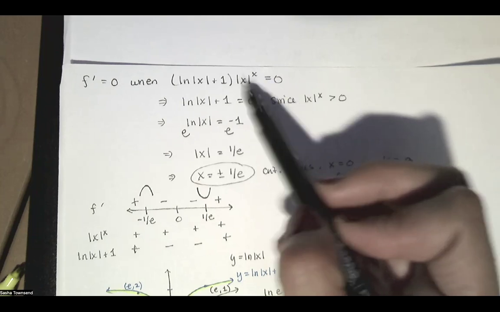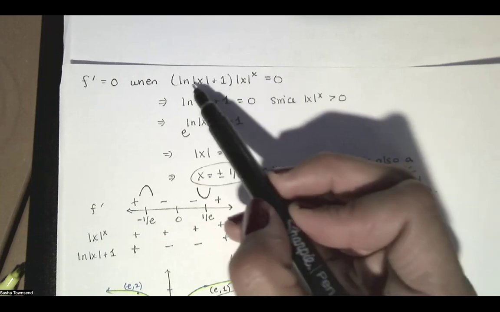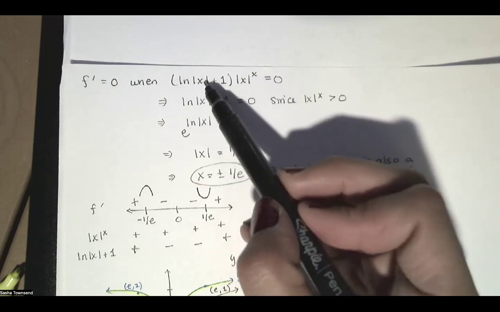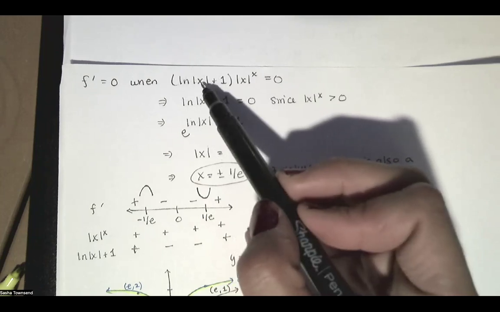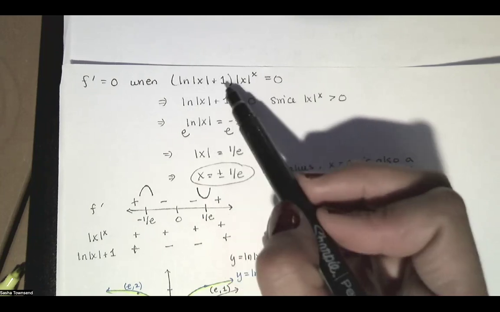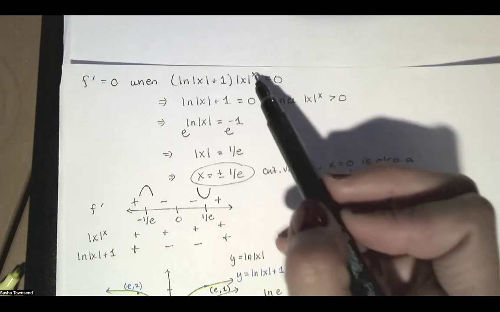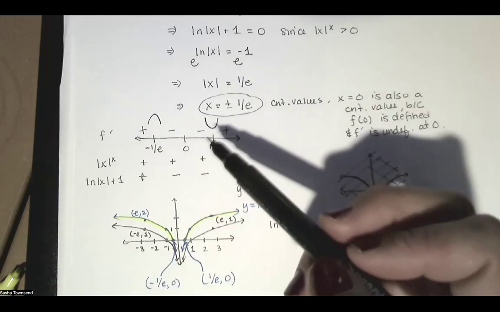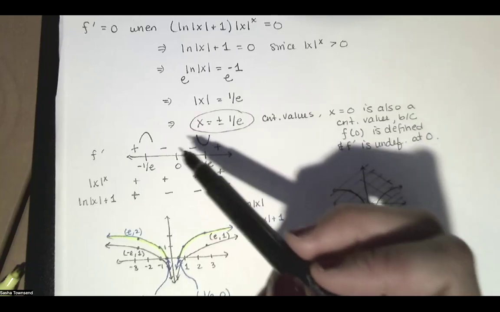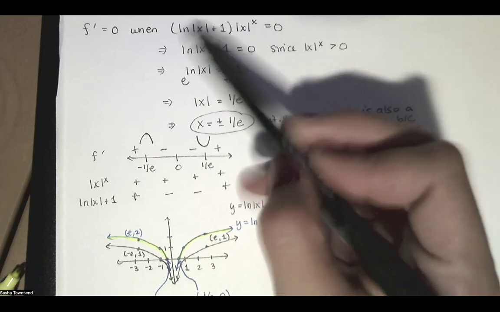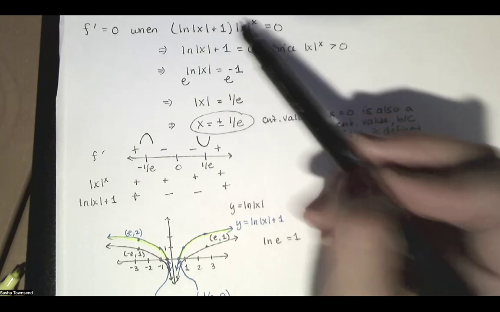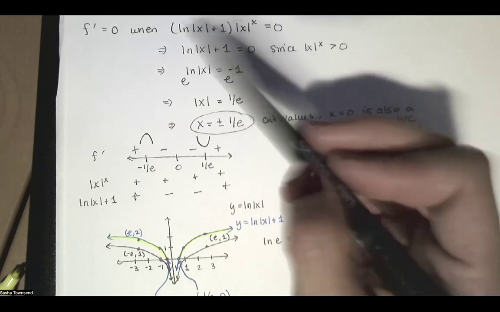And as x approaches 0, the natural log of the absolute value of x approaches negative infinity. So we get negative infinity plus 1, so it's going to be a large negative number times something that's approaching 1. So f prime is going to negative infinity, because this is a large negative number plus 1, which is just a large negative number times 1.